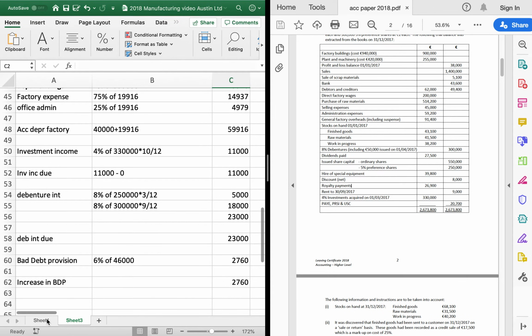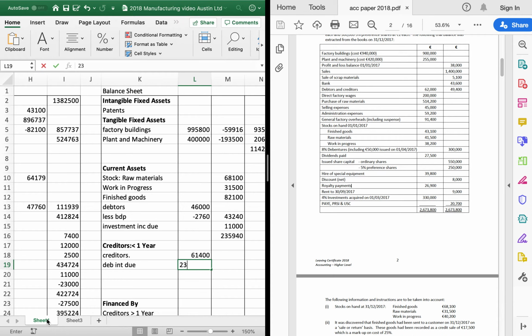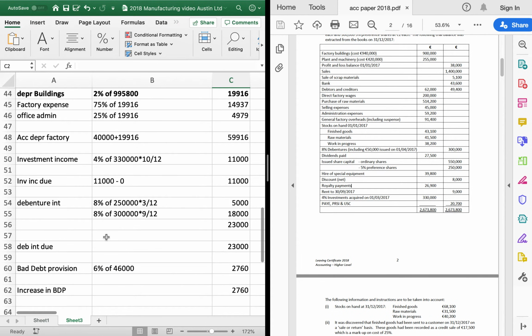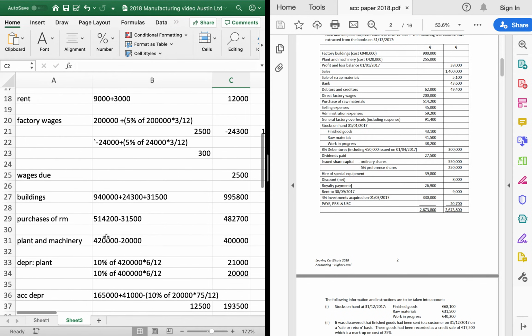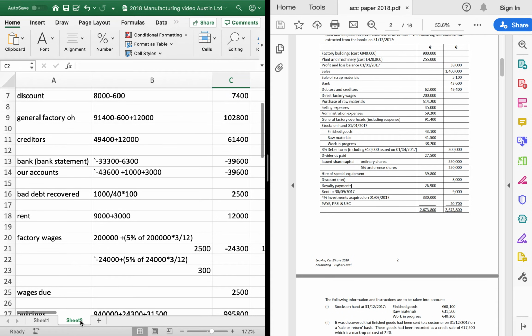Yeah, 23,000. You have your bank, which is your bank reconciliation working. 39.6.